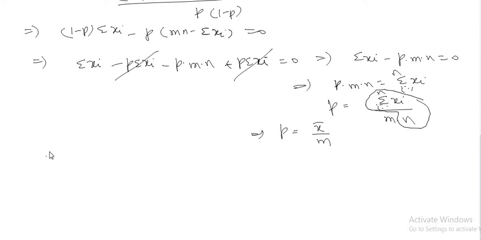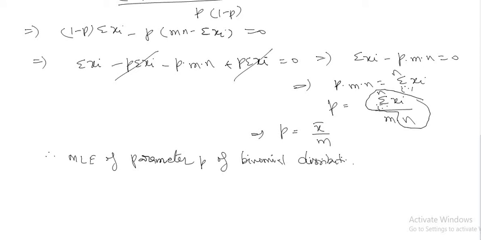Therefore, the MLE of parameter p of the binomial distribution is p cap equals x bar by m.